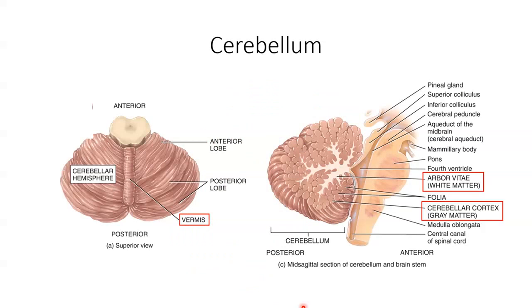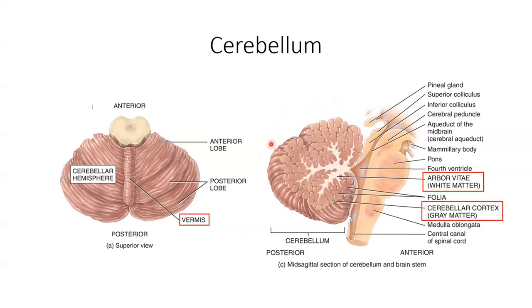From a superior and an inferior angle, which is our view here on the left, the cerebellum kind of resembles a butterfly. So it has a central constricted area, which we call the vermis, and then it has lateral wings or lobes, which are the cerebellar hemispheres.